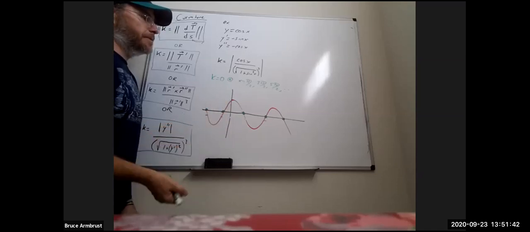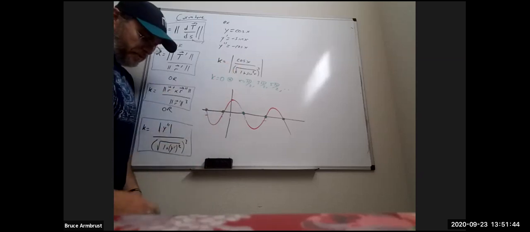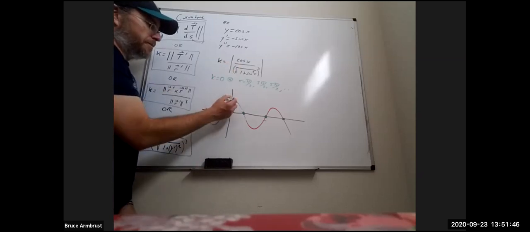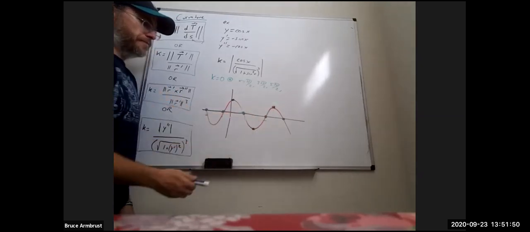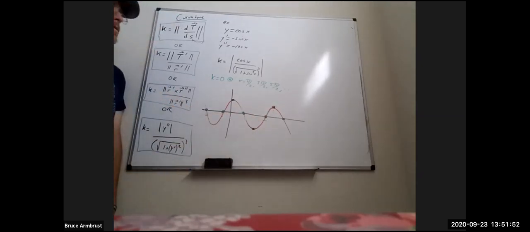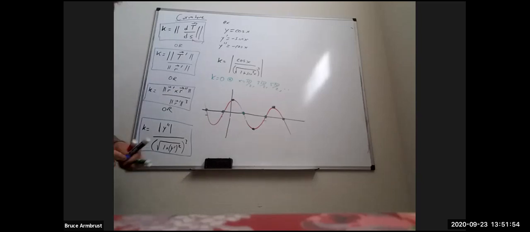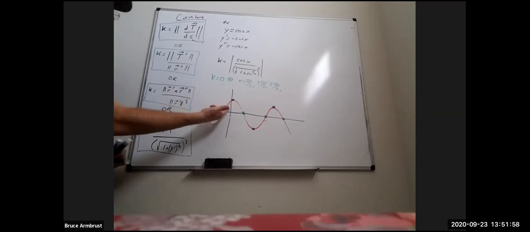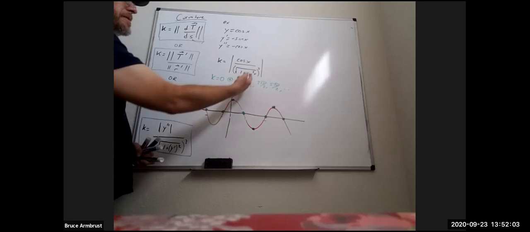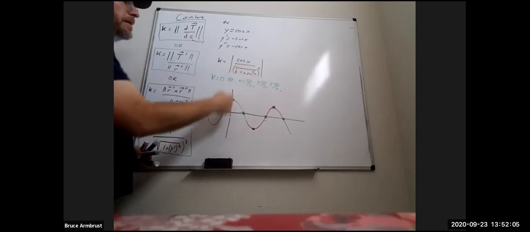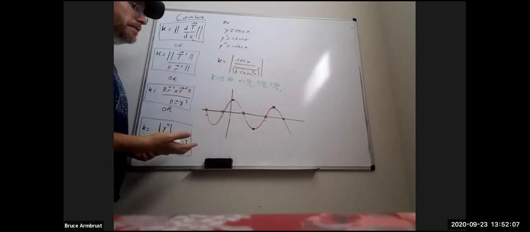We were getting maximum curvature when cosine was plus or minus 1, which is these points, the tops and the bottoms. And in fact, if you want to know exactly what the maximum curvature is, let's plug in, say, 0. If you plug in x equals 0, sine is 0, so the bottom is 1. The top is 1.